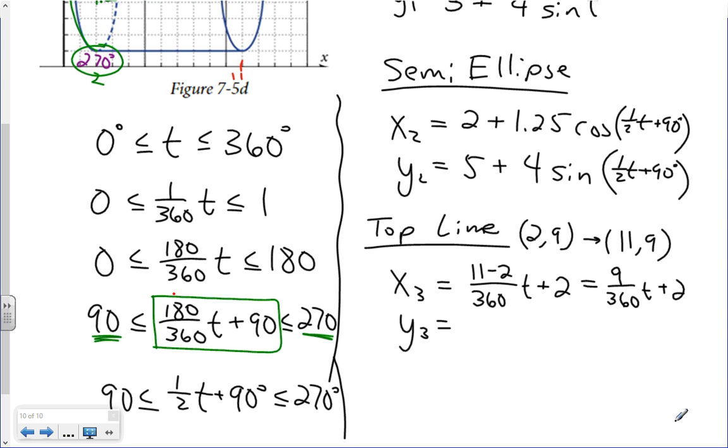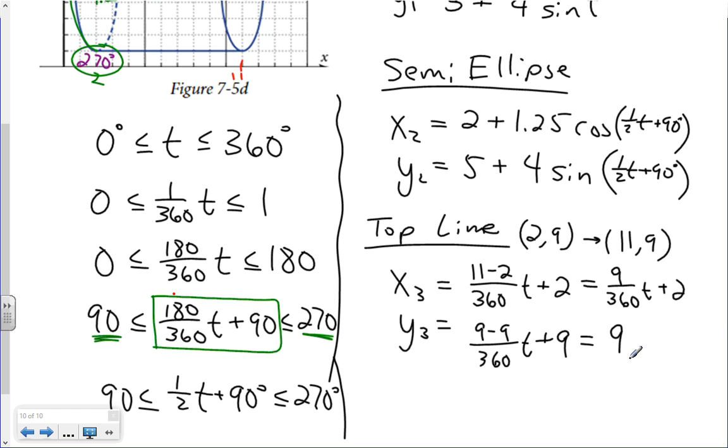And for our y's, let's do the same thing. In this case, it's the difference in the y values. That's 9 minus 9 divided by 360 times t, plus your starting value, which is 9. That's what you end up with in the numerator there. 9 minus 9, that's 0. So this part of it just turns out to be 0.